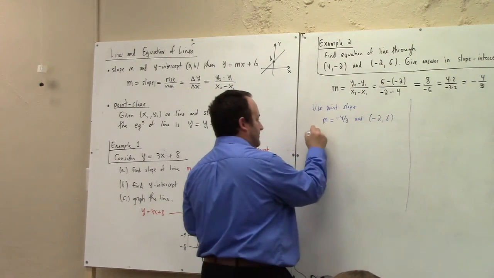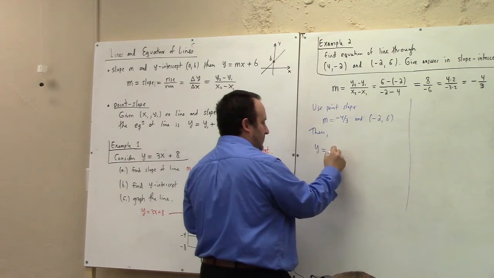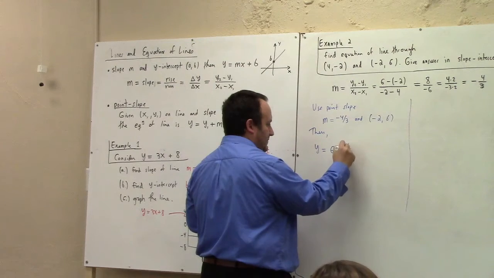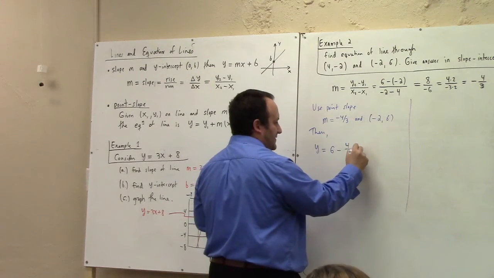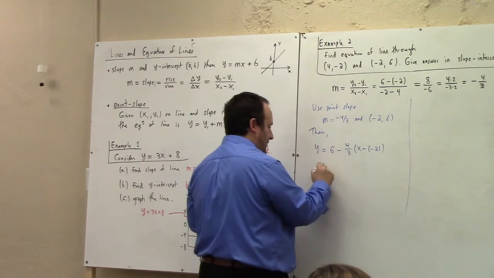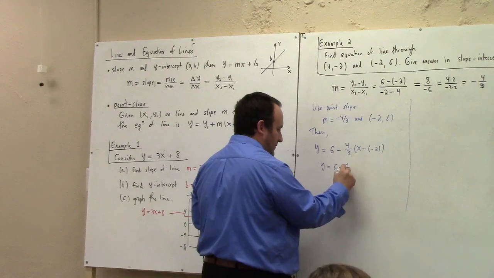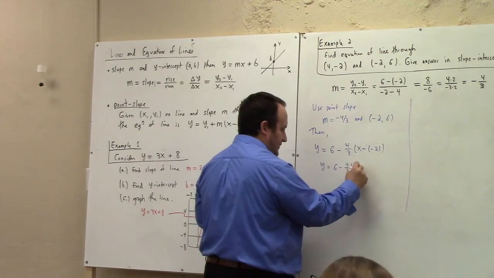So then y minus 6 equals minus 4/3 times x minus a minus 2. In other words, y is equal to 6 minus 4/3 times x plus 2.